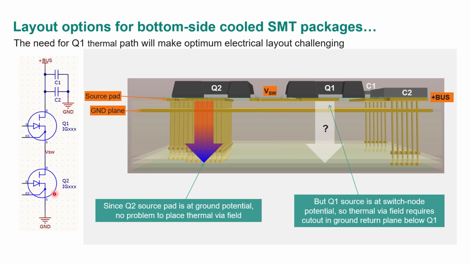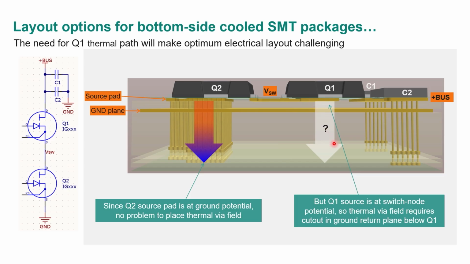The low side Q2, I have thermal vias that allow heat to escape to the back side of the board through the device. A whole bunch of them, like 100 and 130 vias here. That's how I get heat out, and these are ground connected, so no problem. What about Q1, the high side transistor? Now I have a problem.